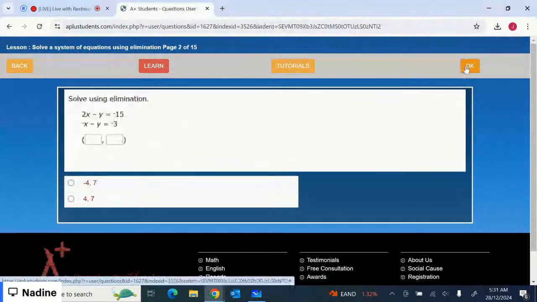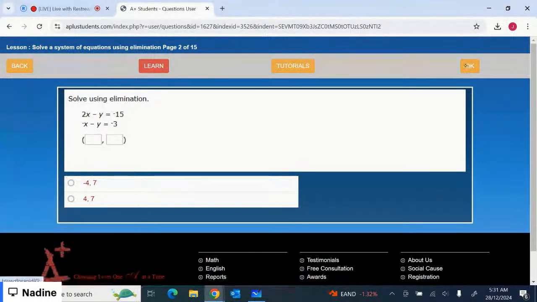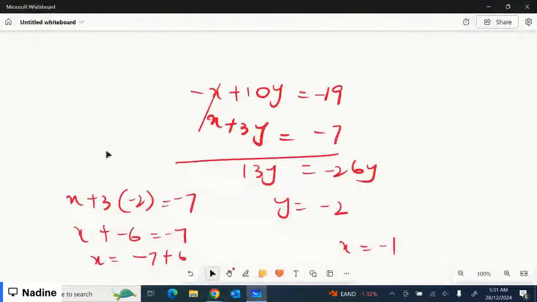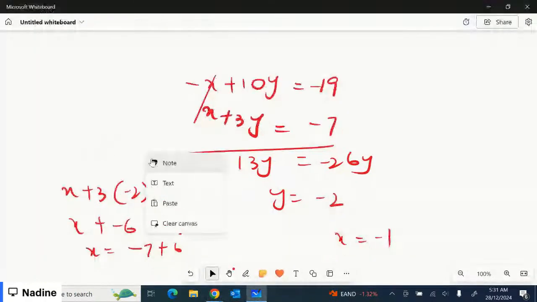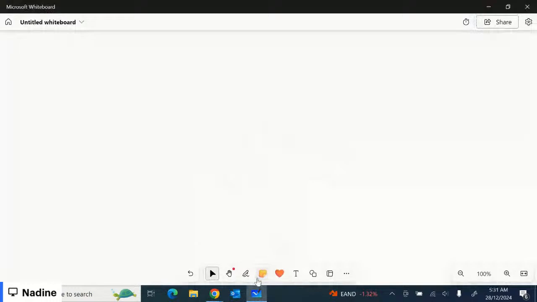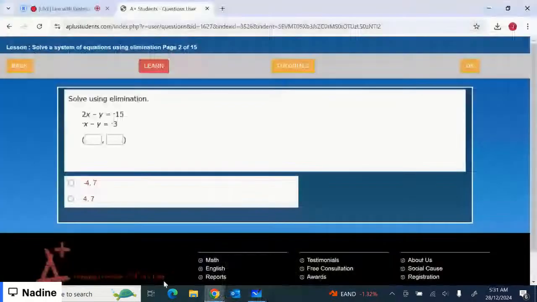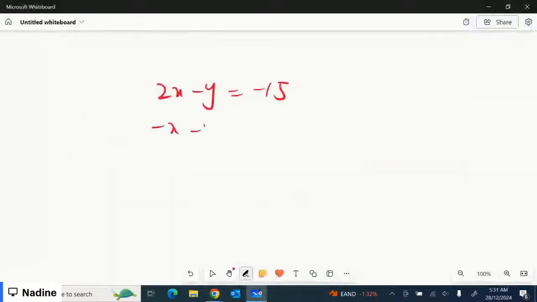Solve using the elimination method. 2x minus y equals negative 15. Let me just write them down on the board. 2x minus y equals negative 15, and the other equation is negative x minus y equals negative 3.